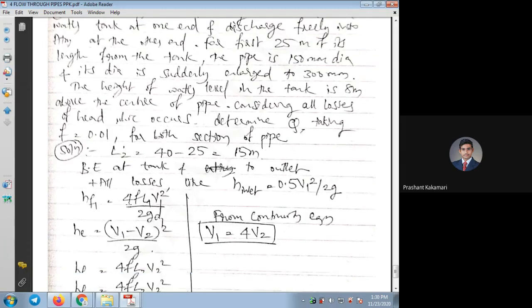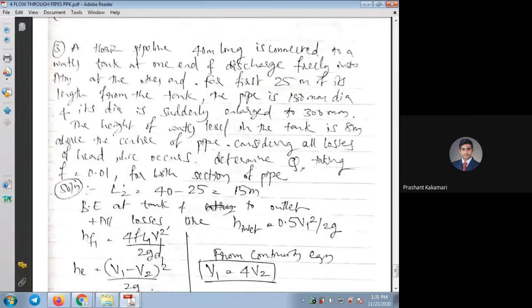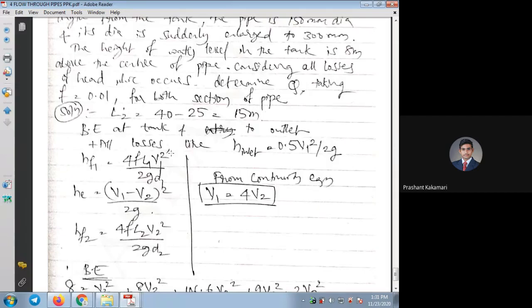Okay, now first is the Darcy-Weisbach equation for the given length of 25 meters or the 15 meters, that is divided from the 40 meter length. Here I am applying the Darcy-Weisbach equation for pipe 1 and pipe 2 with two different diameters. That is, the Darcy-Weisbach equation is considered.